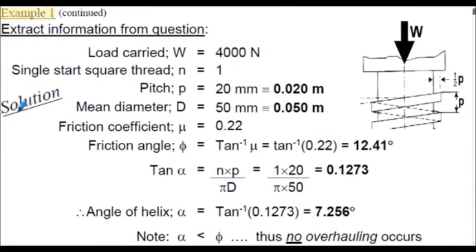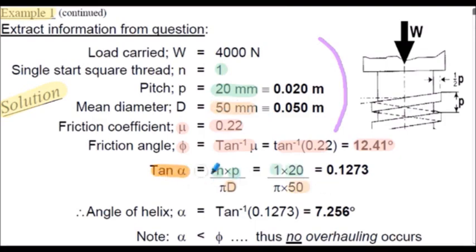Example 1, solution continued. I've just repeated this information for convenience from the previous slide. Firstly, using the value of mu, the friction coefficient, we've calculated the friction angle phi, that's tan to the negative 1 of mu. That evaluates to 12.41 degrees. And knowing the number of starts, 1 in this case, and the pitch, 20 millimeters, and also the diameter D, we can evaluate the tangent of alpha.